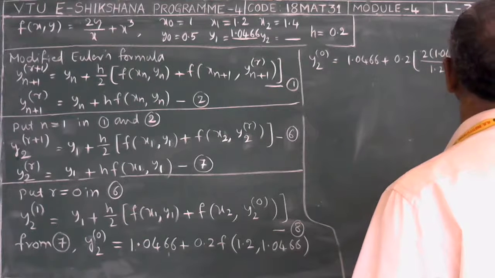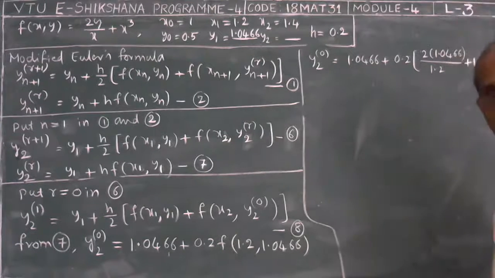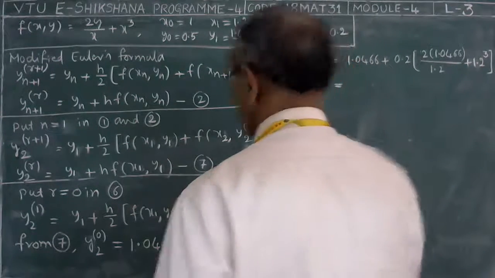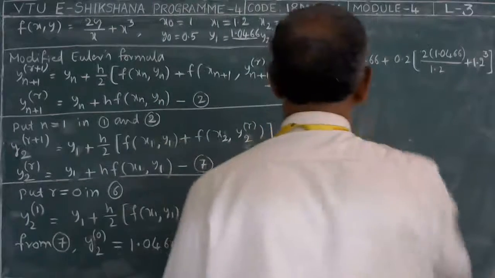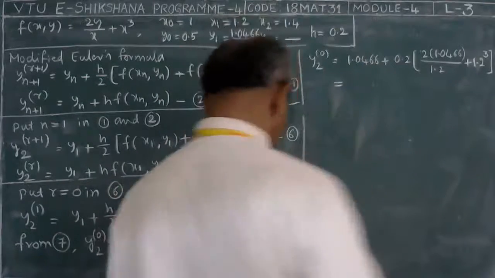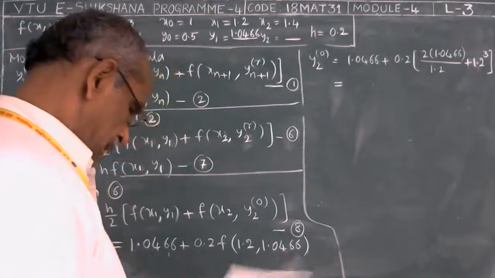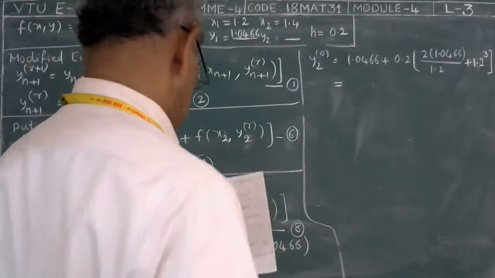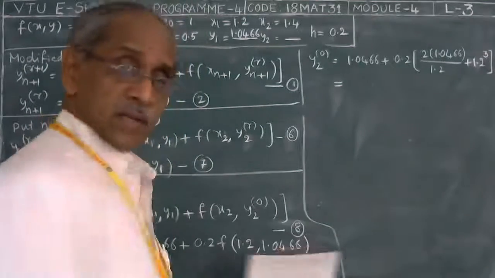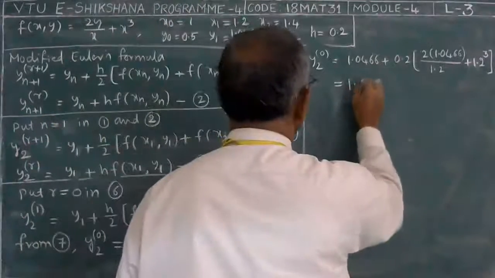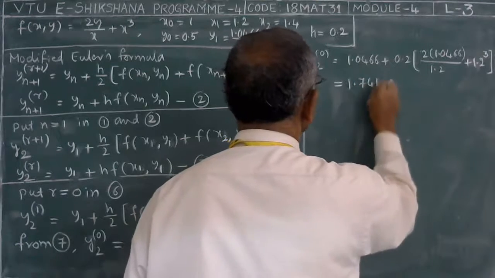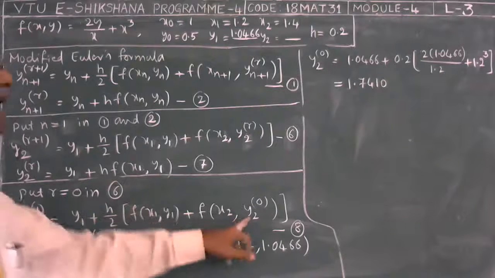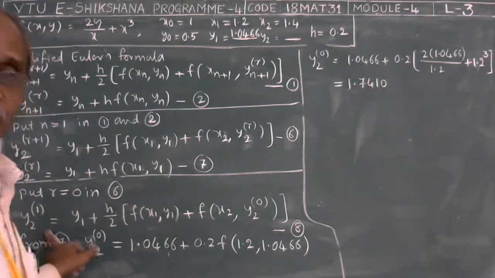If you calculate using a calculator carefully, what do you get here? y2 (0) is 1.7410. So substituting this for y2 (0), I get the first iteration.